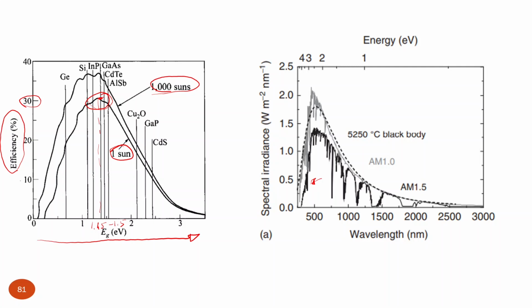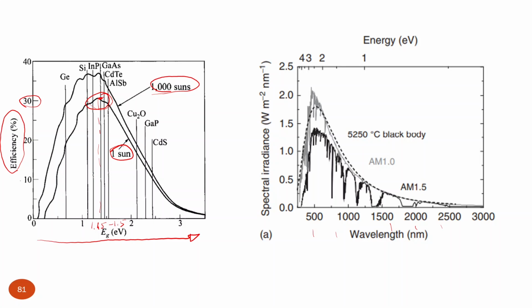I told you that the input power which comes to our device is the integral over this spectrum. So obviously we want all photons at each wavelength to generate charge carriers in our p-n junction, so that we have a chance to collect them.